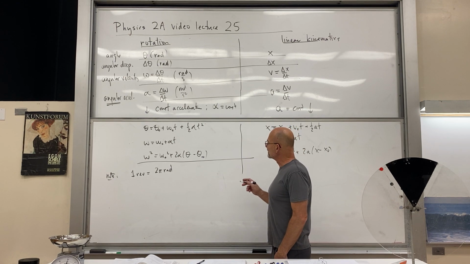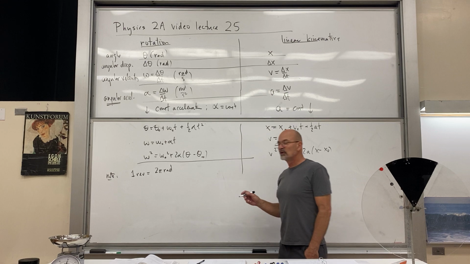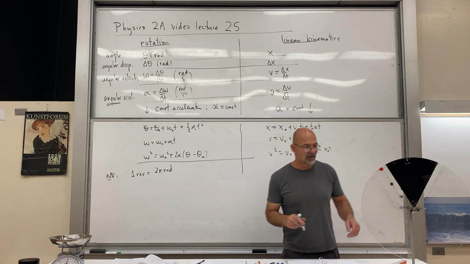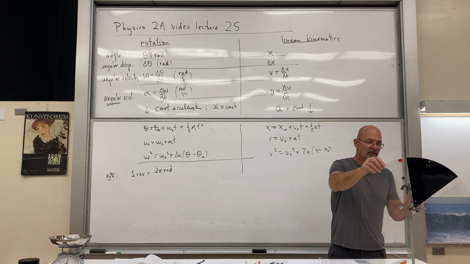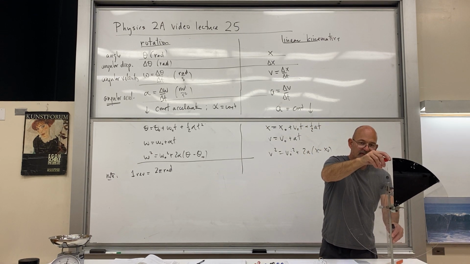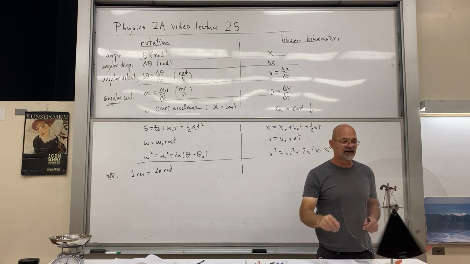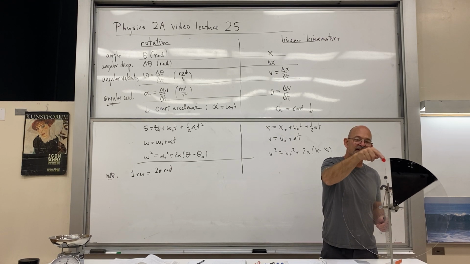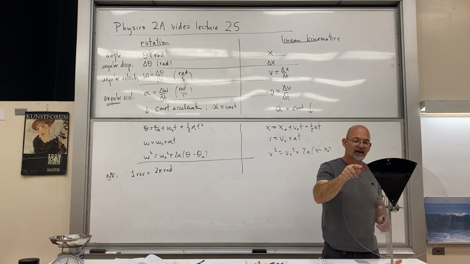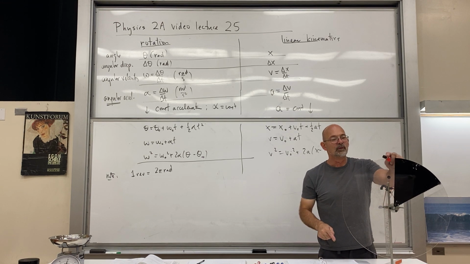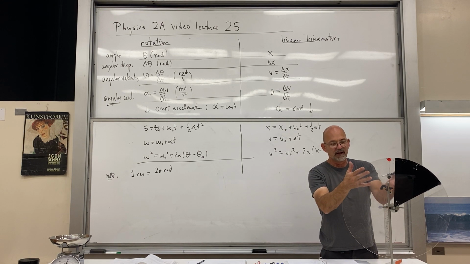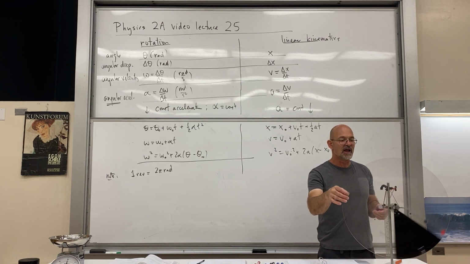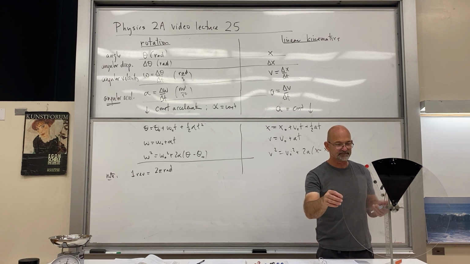Okay, but there's also a relation between linear and rotational quantities that we have to talk about. And that is if this disk here, thinking it's in the picture, if this disk is rotating, then every point on the disk is of course moving as well, like this red dot here is moving. And the question is, how fast is the red dot moving, or any particular point, how fast is it moving if we're rotating with a certain angular velocity or angular speed?